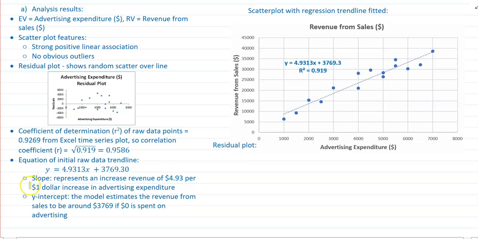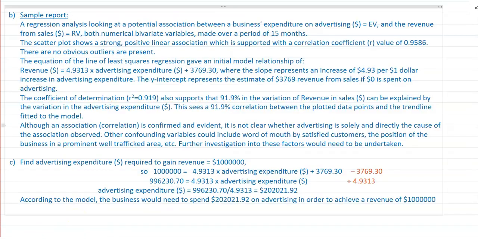If I think about the meaning of the slope, it represents an increase in revenue of $4.93 per $1 increase in advertising expenditure. The y-intercept from the model would estimate the revenue from sales to be around $3,769 if no money was spent on advertising.